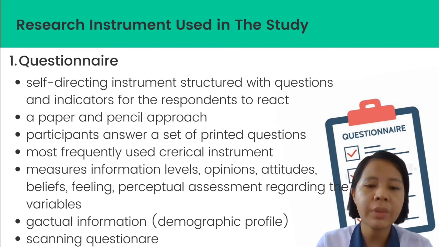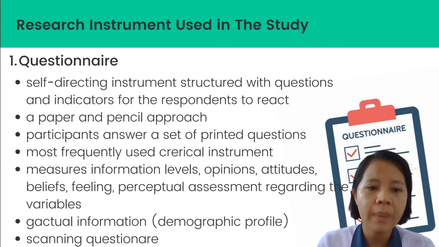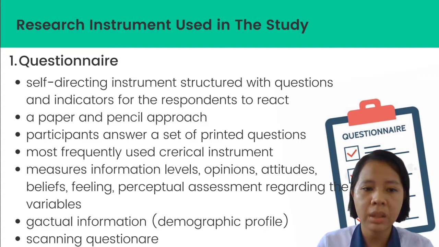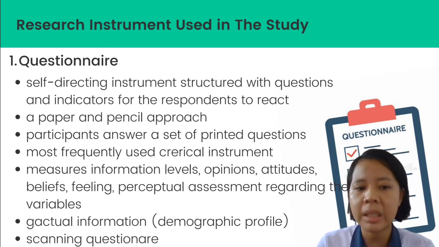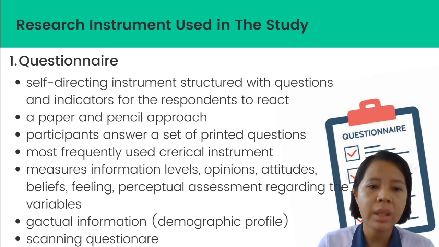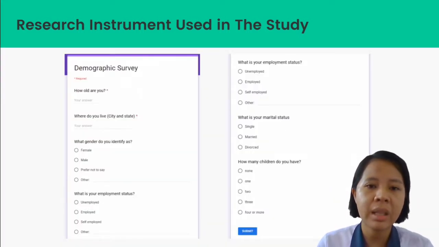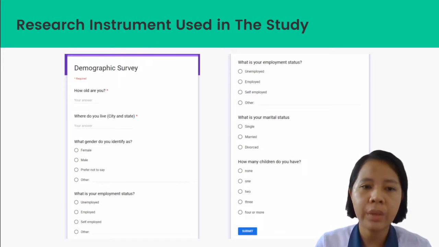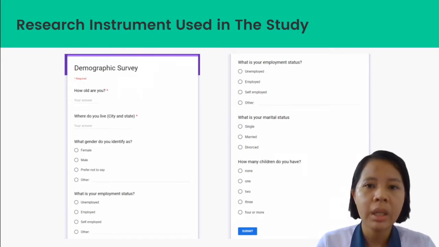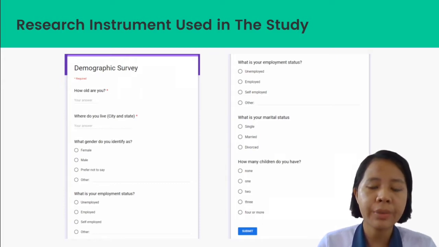Then, it is the most frequently used clerical instrument that measures information levels, opinions, attitudes, beliefs, feelings, and perceptual assessment regarding the variables, as well as actual information or the demographic profile of our respondents. As you can see on your screen, we provided an example of the questionnaire using Google Form.